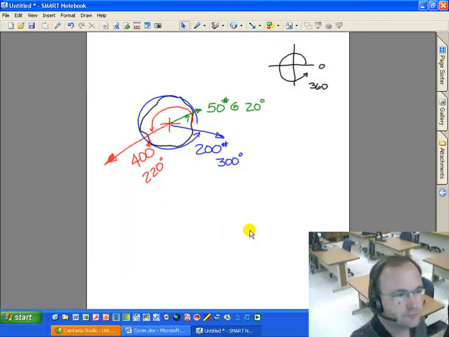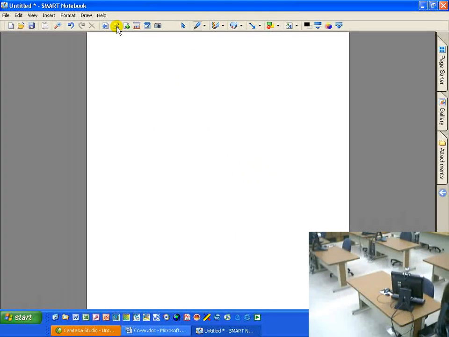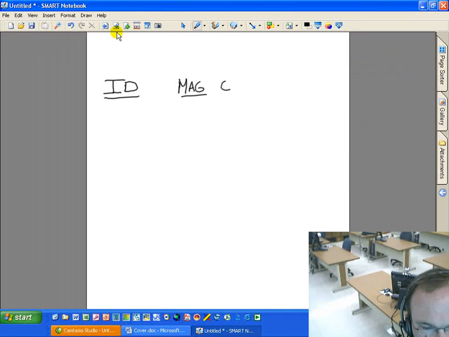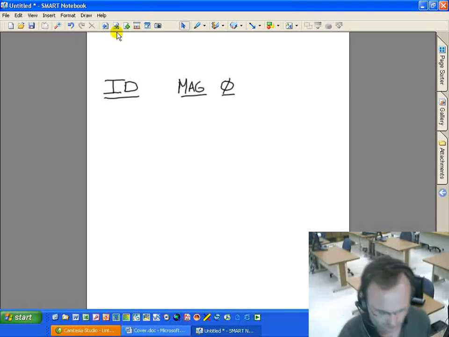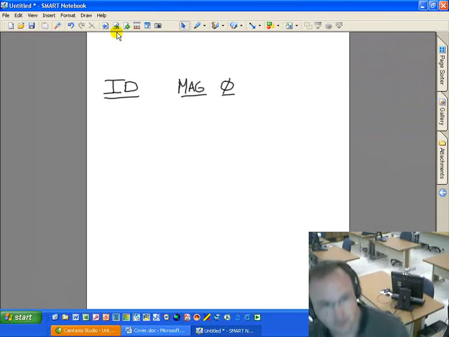So, how do we do it? Well, we have the table. So, this would be ID, magnitude, and theta. And then you just fill them in. Let's go back and look at them.